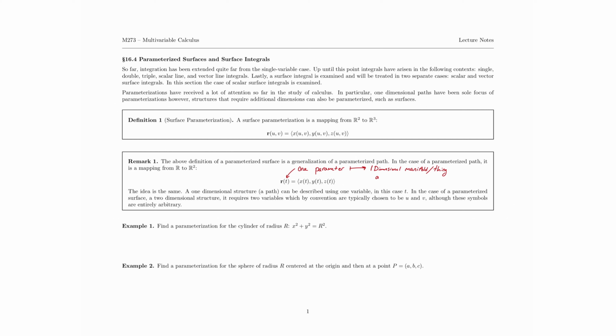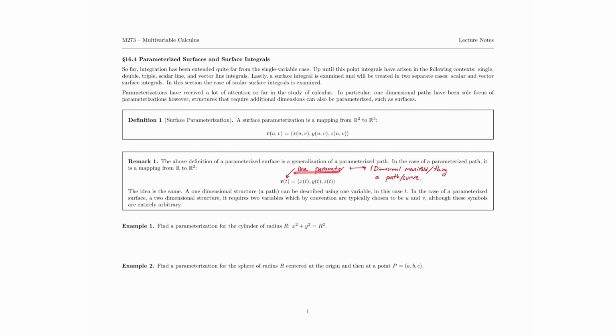In other words, a path or a curve. What we're going to do is move up in dimension. Our goal is to not just draw some curve in 3 dimensions, but maybe draw a surface in 3 dimensions, like a cylinder or a sphere or a paraboloid, something like that. So that is the motivation for having a second degree of freedom.